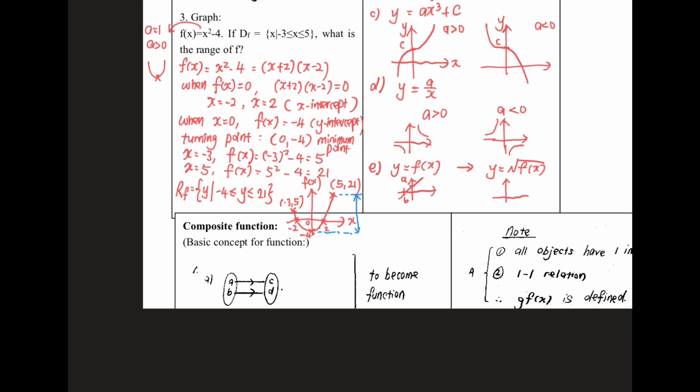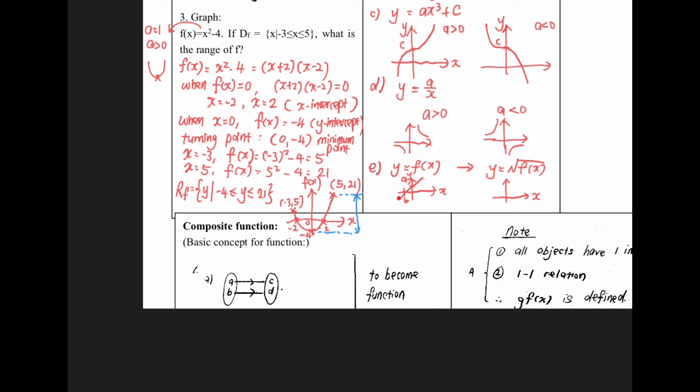I'm going to say it out straight away. For a square root graph, first, we know that negative value cannot be square rooted. It will end up with math error if you are pressing calculator. So because of that, the effect on the graph will be like this.